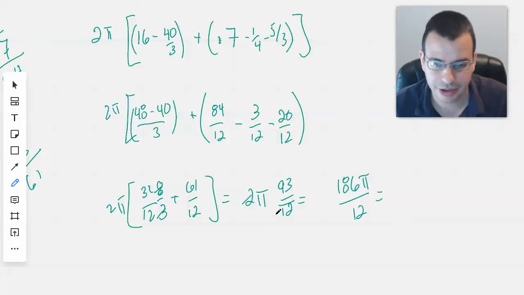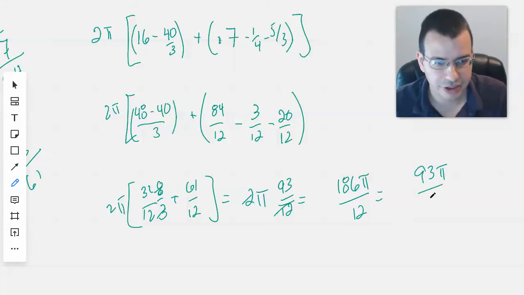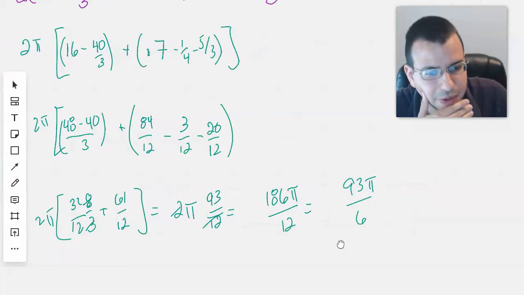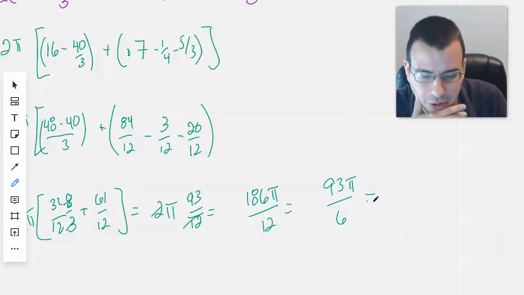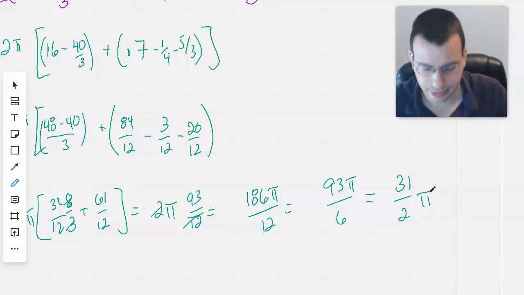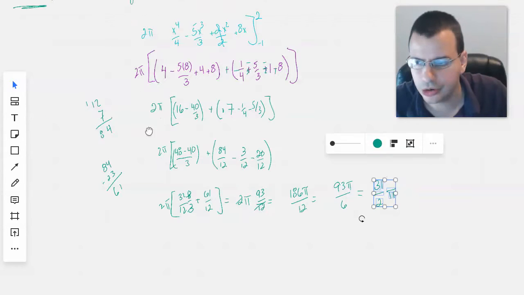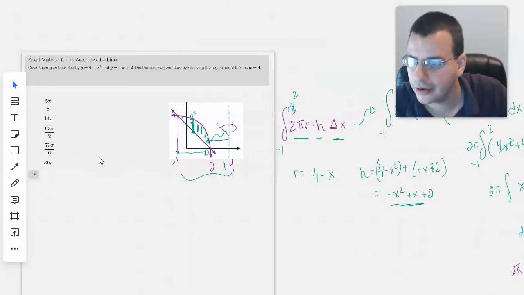Oh yeah, probably should have just 93 pi over 6. Now I don't know if 93, oh yeah, we can divide both sides by 3. So this would be 31 over 2 pi. Maybe I could have simplified at some point earlier. So that looks good. 31 I think is prime.